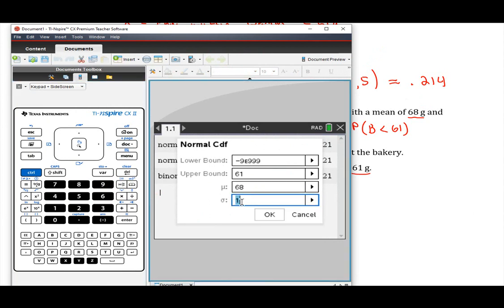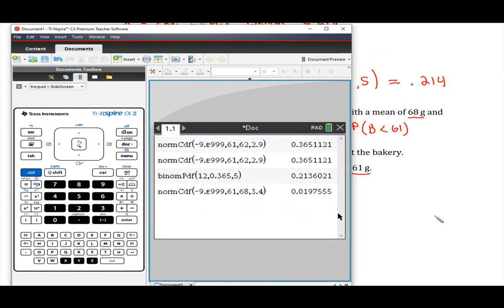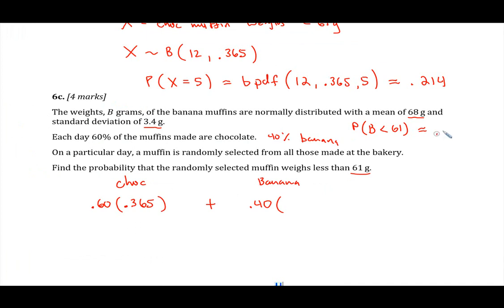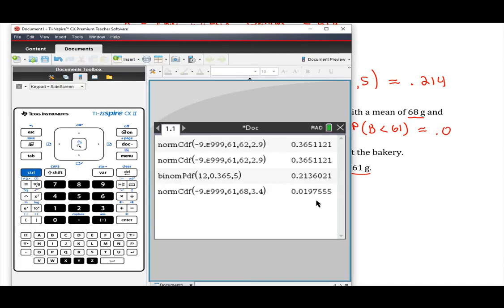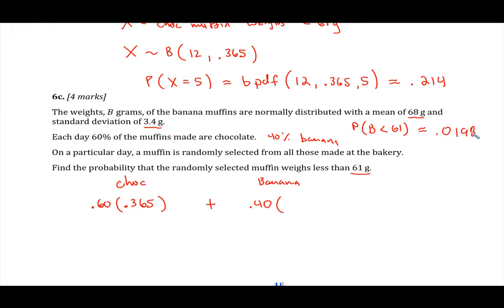Okay, so this is going to give us 0.0198.